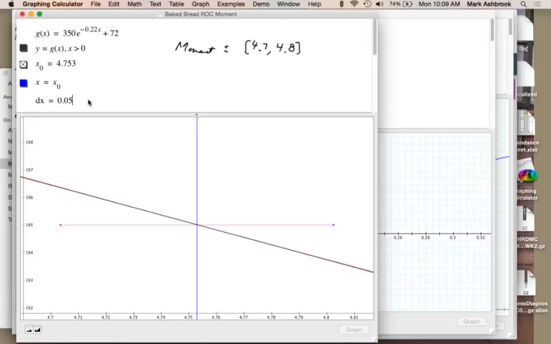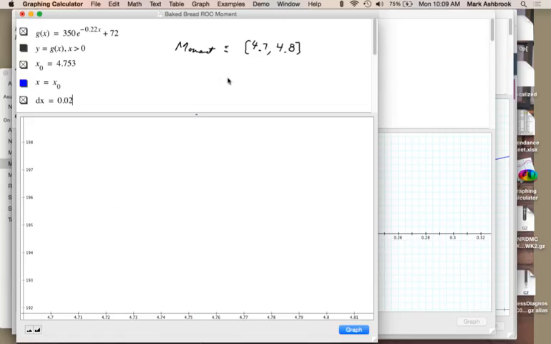And dx is 0.05. Now it doesn't have to be half the width, so I'll just do 0.02.